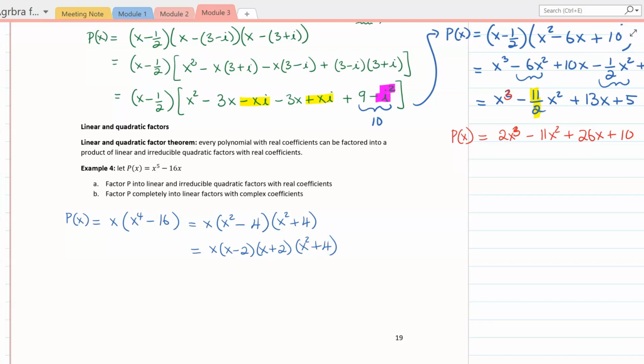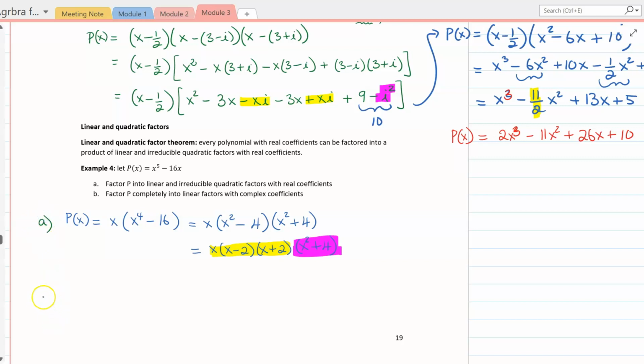So note that here, this portion is the linear factors. Here, this x squared plus 4 is an irreducible quadratic factor with real coefficients.